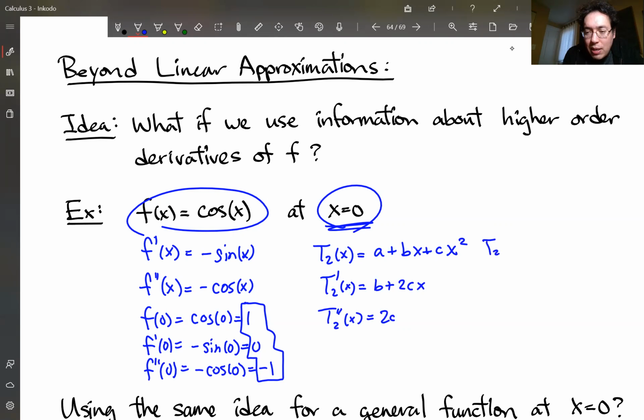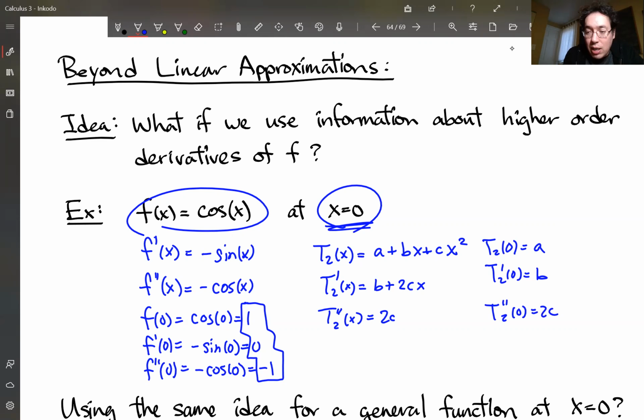So if I plug in 0 for x, I just get a. If I plug in 0 into the derivative, this term drops out and we just get b. And if I plug in 0 in the second derivative, the second derivative is just constant, so it's just going to be 2c. So we could just read off what this has to be.